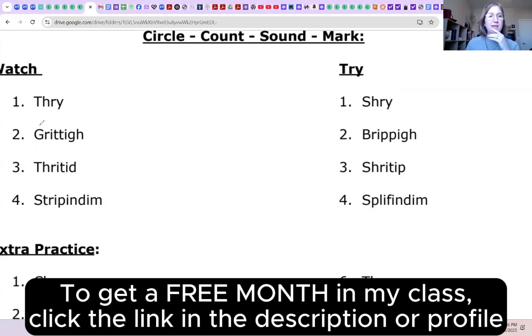We have a hard G here. G is always going to say g unless the next letter is an E, I, or Y. We're going to learn that in our whole G lesson later on. So this I says i because there's not a vowel in the next 1 or 2 spots. This IGH we're training our brain to look at as a unit, and it says I. The GH is silent.